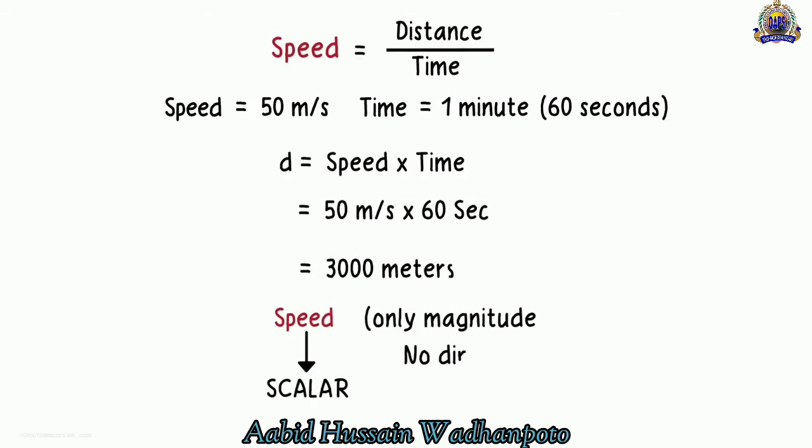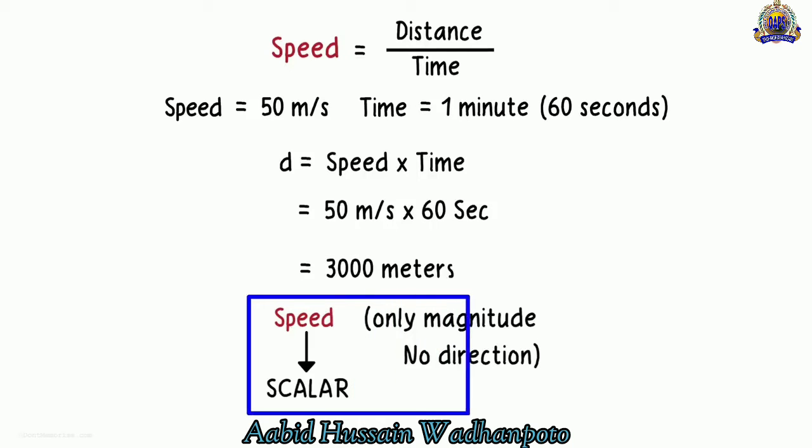So it does not have any direction and it is a scalar quantity. Speed is distance per time, and speed does not have any particular direction. As mentioned in this formula, speed is a scalar quantity due to only magnitude. It means no direction. There was a magnitude but no direction.